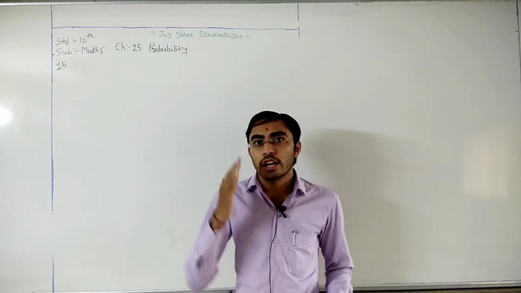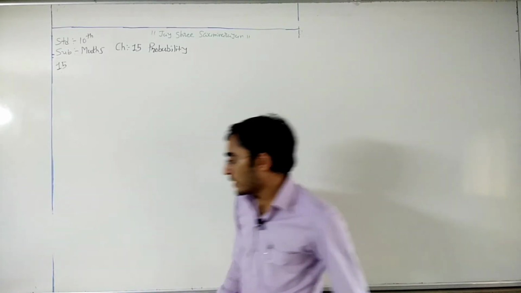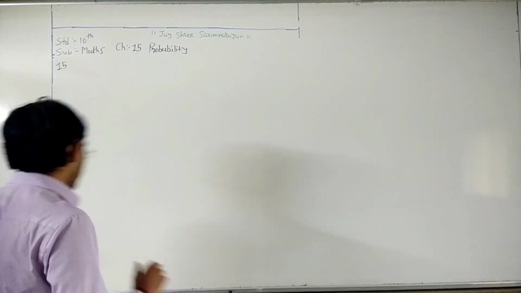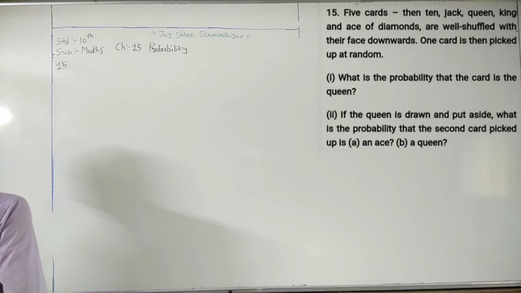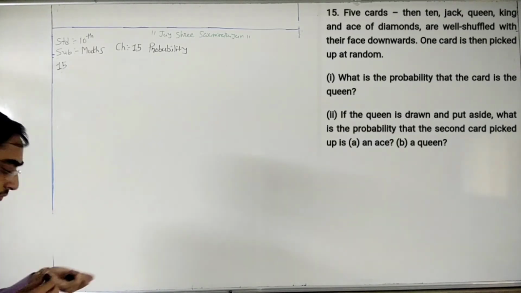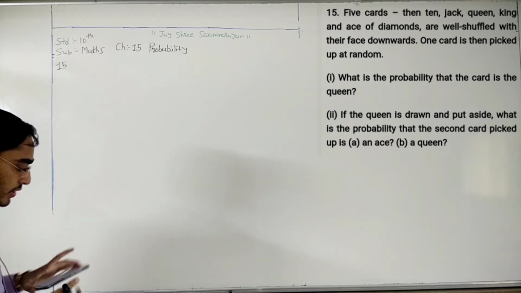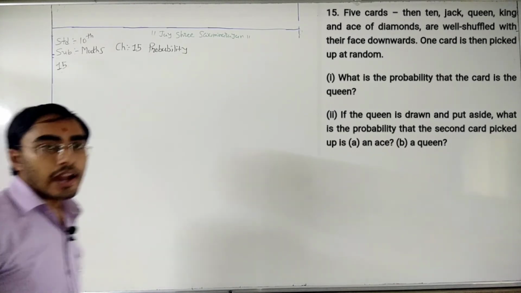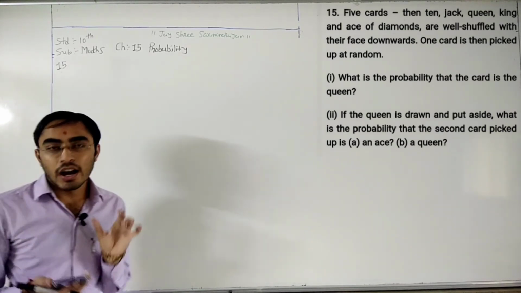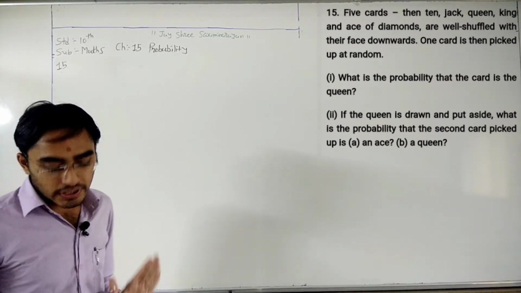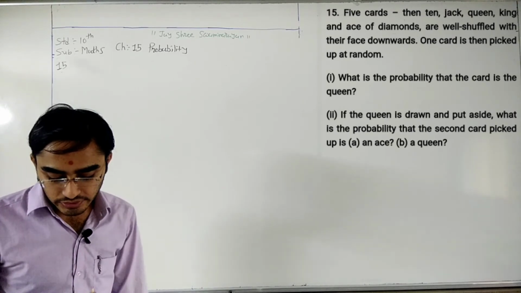Okay, after that, question number 15. First of all, read the question. 5 cards, then 10, jack, queen, king and ace of diamonds are well shuffled with their face downwards.